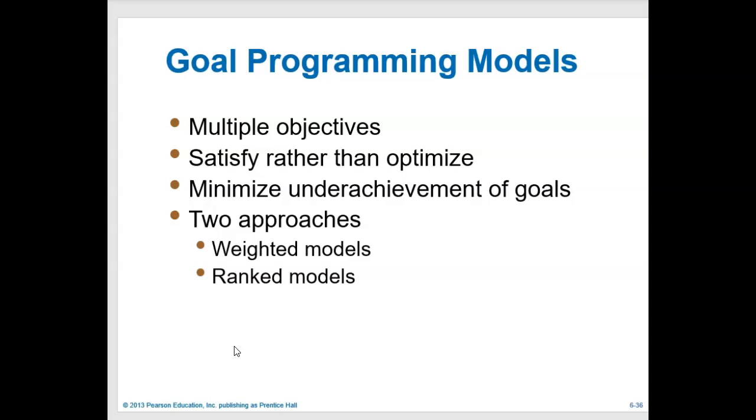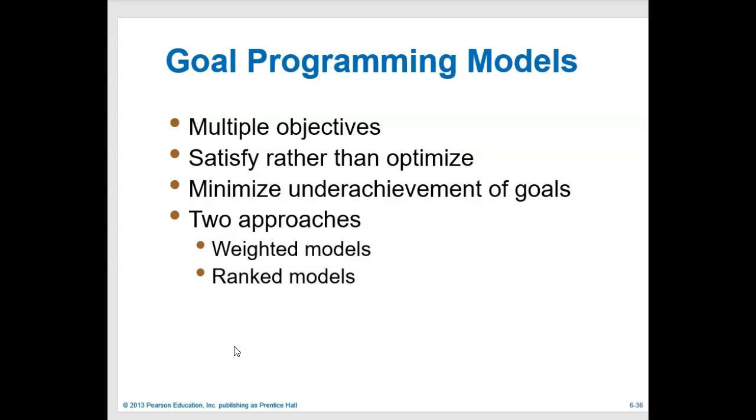Now, the next question that comes to mind is, how does GP satisfy the goals? Instead of trying to maximize or minimize the objective functions directly, like we do in a regular LP or IP model, with a GP model we try to minimize deviations between the specified goals and what we can actually achieve for the multiple objectives within the given constraints or requirements of the model.